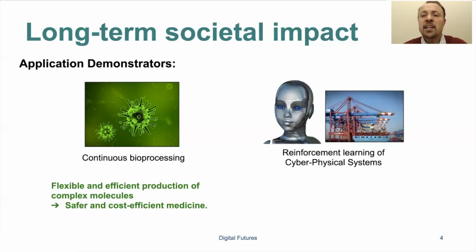The other application area is reinforcement learning of cyber-physical systems. So what is a cyber-physical system? Well, that is a system where you combine a physical part, a mechanical part for example, with computers, typically embedded into networks.